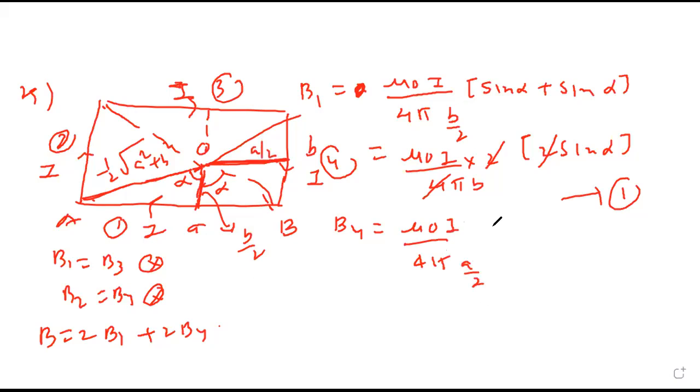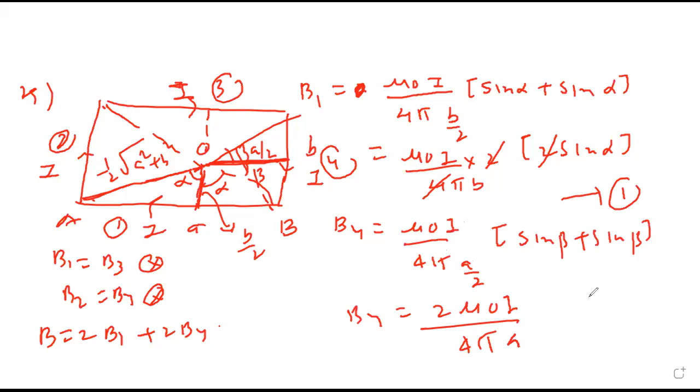Suppose this angle, which we don't know, I call beta. So it becomes sine beta plus sine beta. Therefore B4 is 2 times mu naught I upon 4 pi A, 2 times sine beta. Again the 2 gets cancelled. This is equation 2. Please copy till this. Then we'll double and add them.